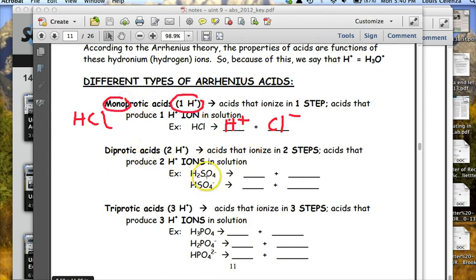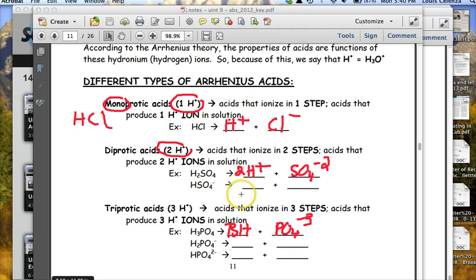A diprotic acid, like H2SO4, splits into two H plus ions and an SO4 with a minus 2 charge. It's diprotic because it has two H pluses in it. And then, of course, there are triprotic acids, and I'm not going to go through this whole thing here. It has three H's and a PO4 with a minus 3.